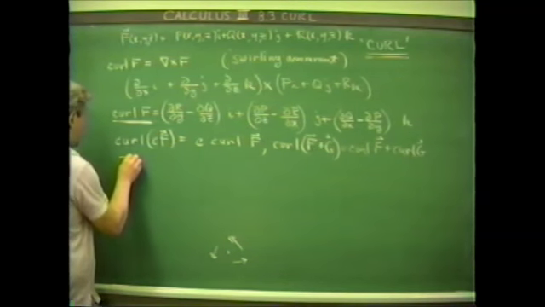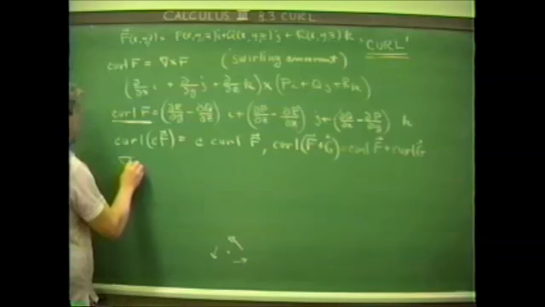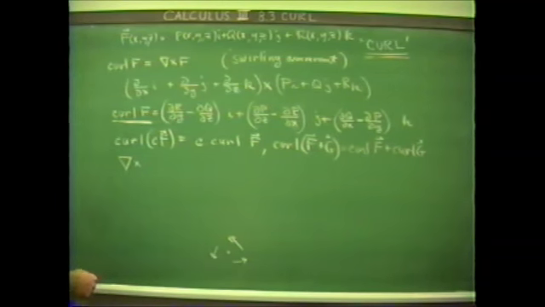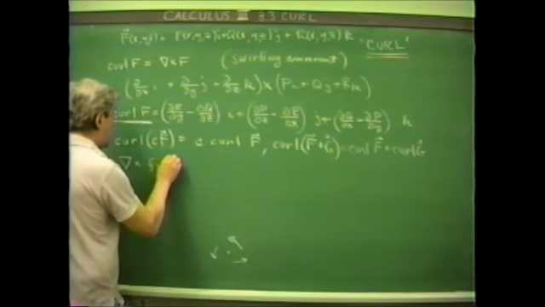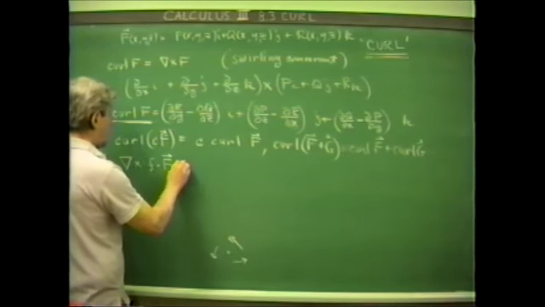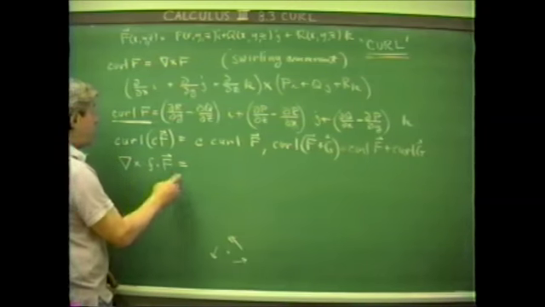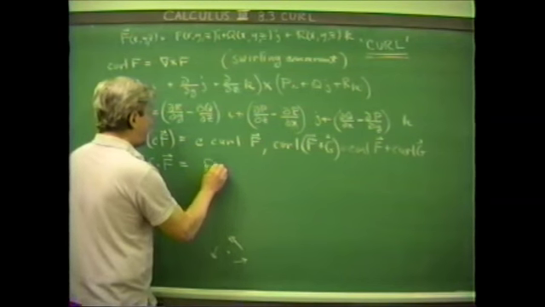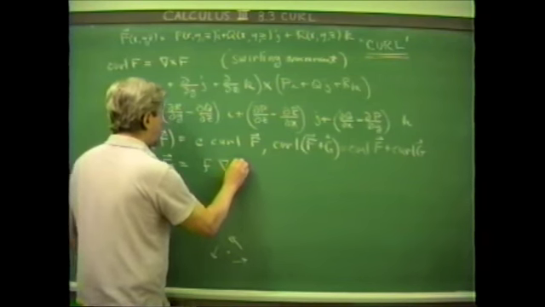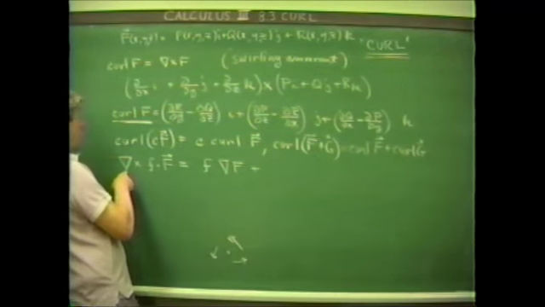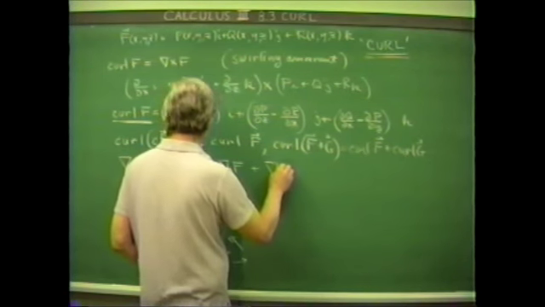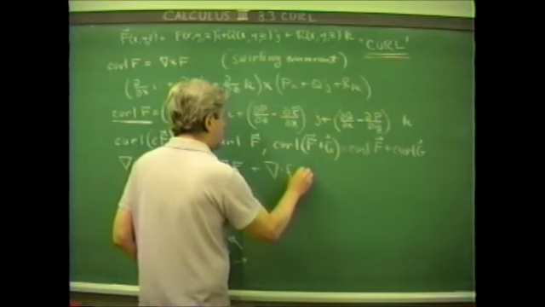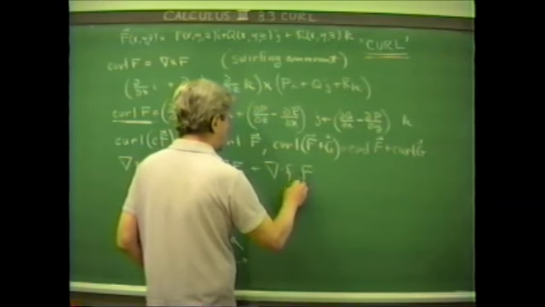The curl, if we write it in this notation here, of a scalar function times a vector value function here is going to behave more like a derivative. That's to say, if we did this as the first times the curl of the second plus delta of the first, the gradient of the first, times the second.